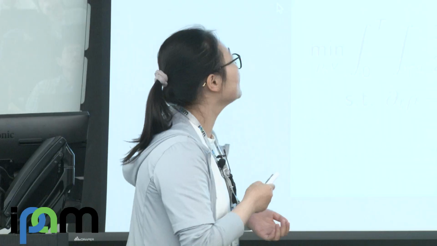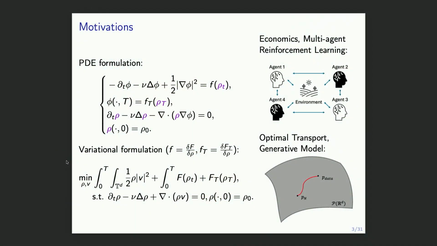There are typically two formulations of mean-field game people usually work with. One is the PDE formulation, which is the coupled system of an HJB equation and a Fokker-Planck equation. The HJB equation comes from the optimal control, and the Fokker-Planck equation comes from the aggregation behavior. The difficulty here is that these two equations are coupled through the interaction cost, terminal cost and drift term.